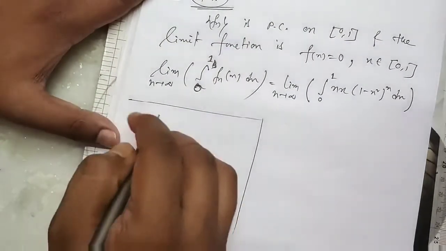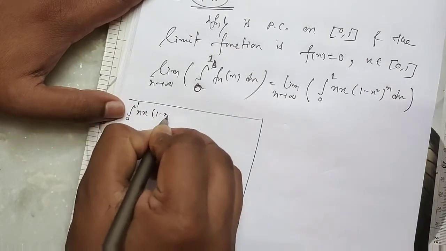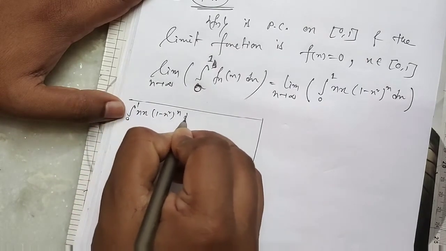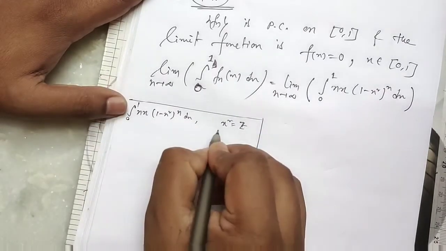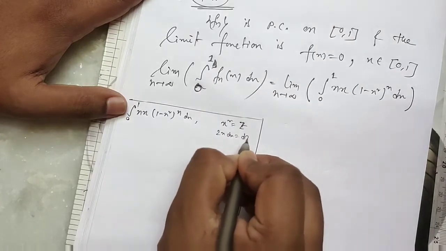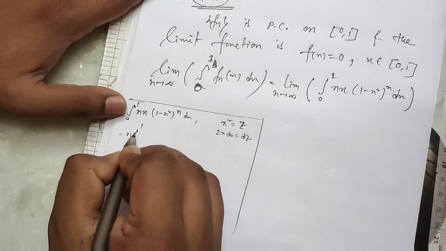Roughly, we find the integration from 0 to 1 of n x (1 minus x squared) to the power n dx.